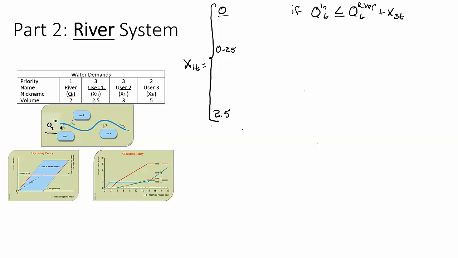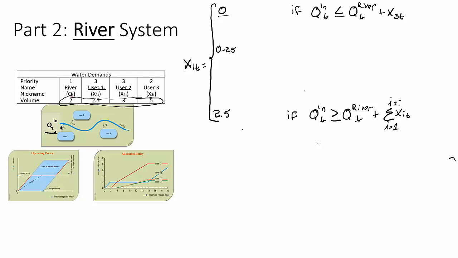When can it receive 2.5 units of water? It's the same, when this Q in, so the available water, is greater than the sum of all of this, greater than 12.5. So when this is greater or equal than the water for the river plus all the sums of the water for the human demands.